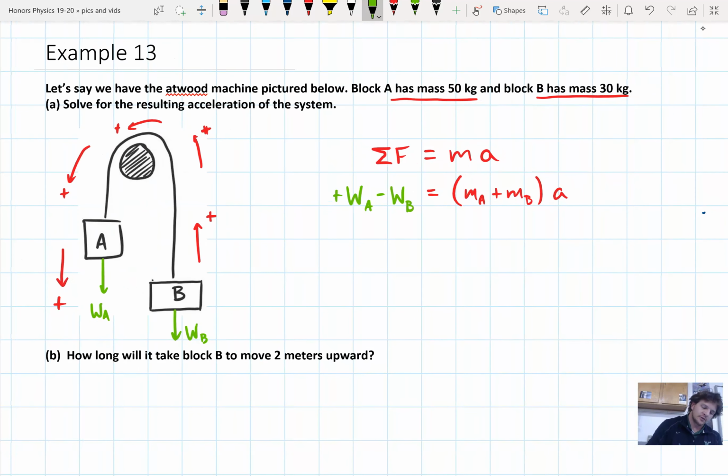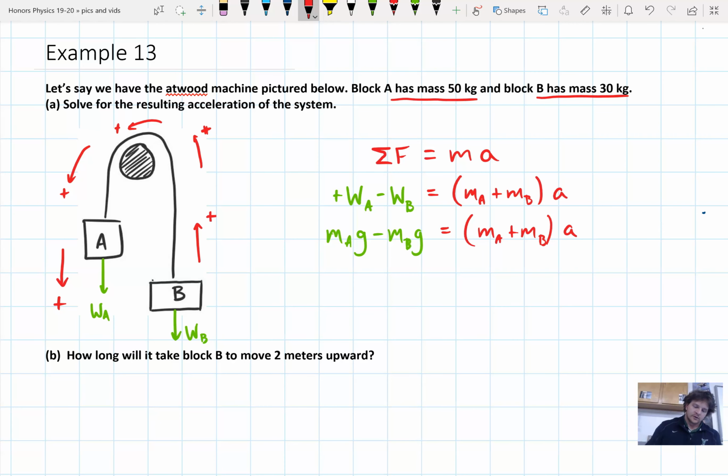So if we substitute those in, that's the mass of A times g minus the mass of block B times g. And that's all equal to, nothing on the right side changes. Still just trying to solve for a.